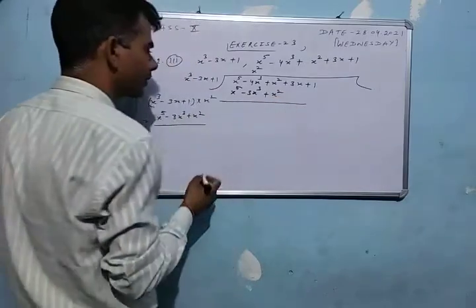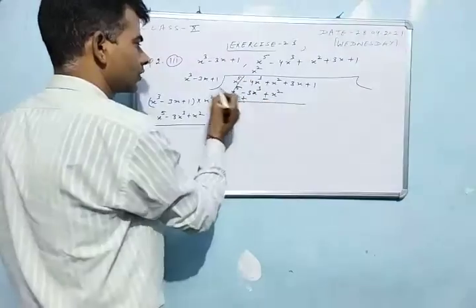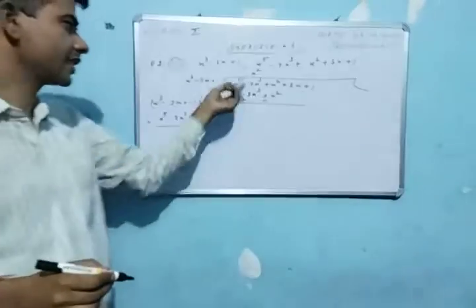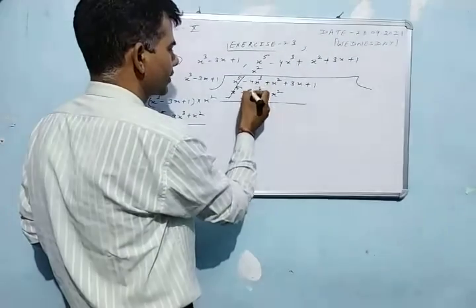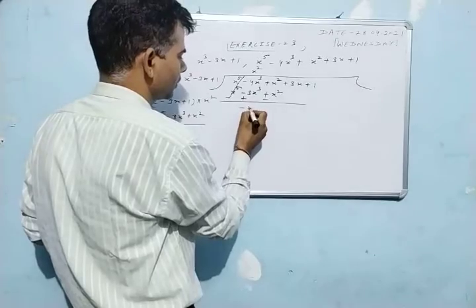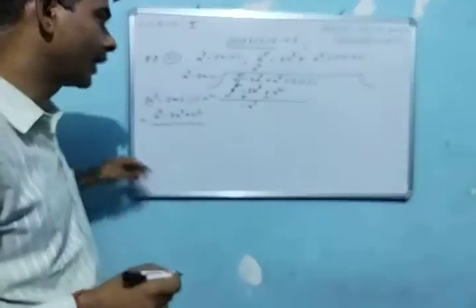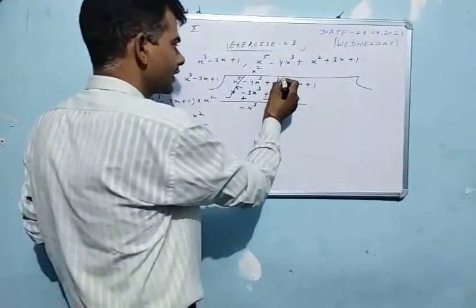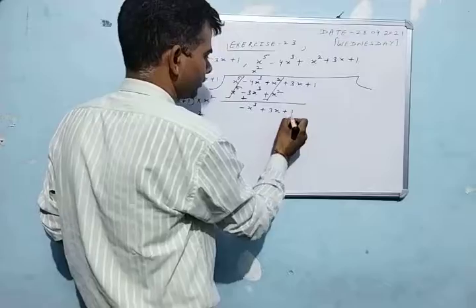Now student, subtract it, that is minus sign, plus sign, minus sign, cancel out. Minus 4x cube minus minus 3x cube gives minus x cube. And the plus 3x plus 1 comes down.